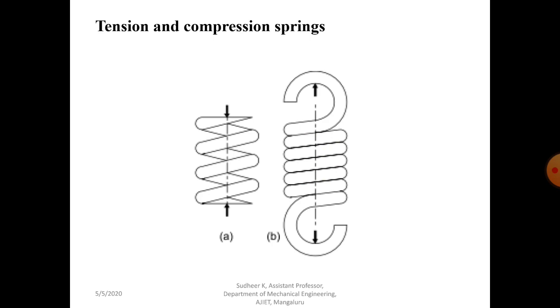The external force tends to shorten the spring in the case of a compression spring. In an extension spring, the spring is always elongated. In both compression and extension springs, the stress induced in the wire is always shear stress.